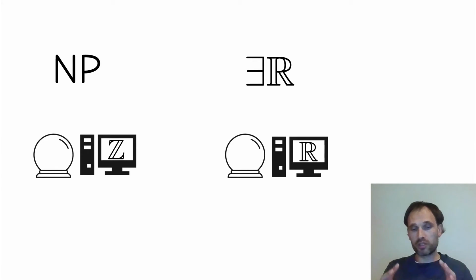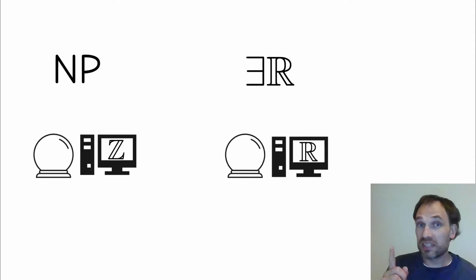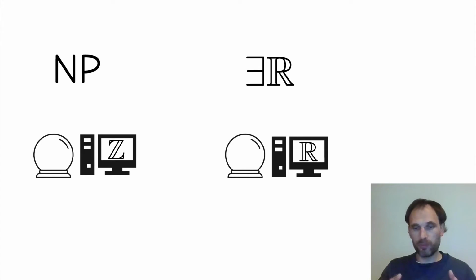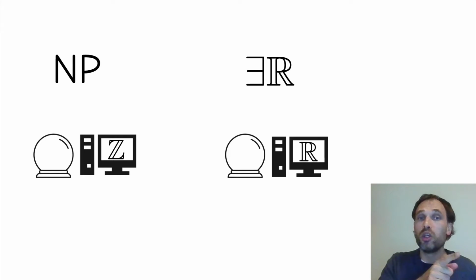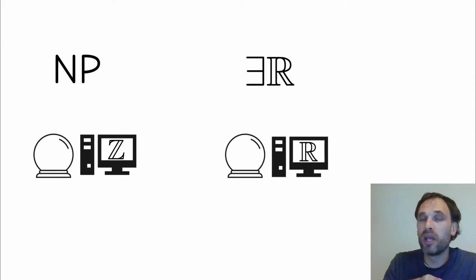So you look in your crystal ball, but now you guess not bits, but real numbers. Okay, crystal ball, real numbers. And then you need to check whether these real numbers are working out, describing a positive result, using the real RAM. The real RAM is the same as the word RAM, but you're also allowed to do computations with real numbers.